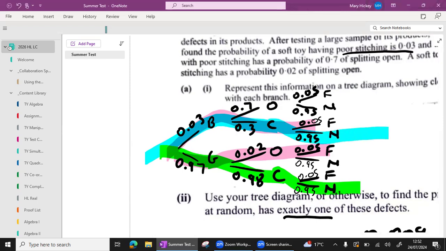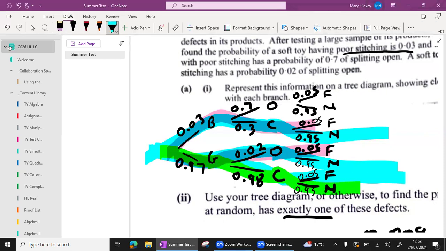So that's one possibility. Another possibility is that the stitching is good, but it does open, but there's no fading. So that's another possibility, one defect only. Or we have a possibility that the stitching is good and it stays closed, but it does fade. So that's my last one. So there are my three.